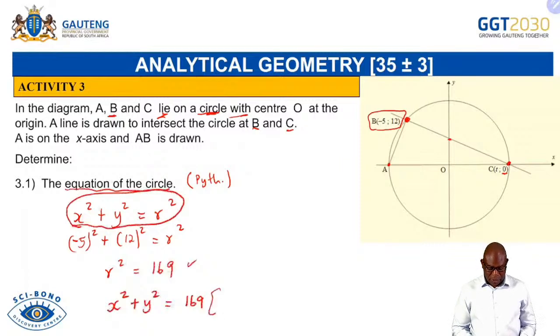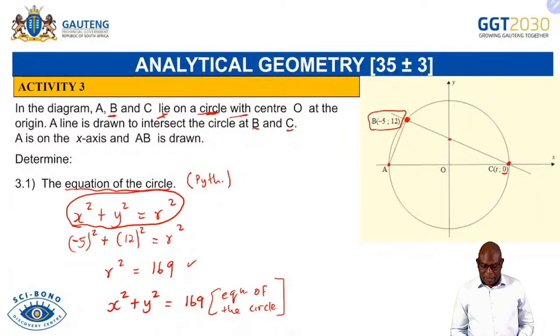I'm going to write it there. It's the equation of the given circle, right? Which means my radius is the line from the center of the circle to the circle. So in this case, if I want the radius, I'll get the square root of 169, which is going to be 13.